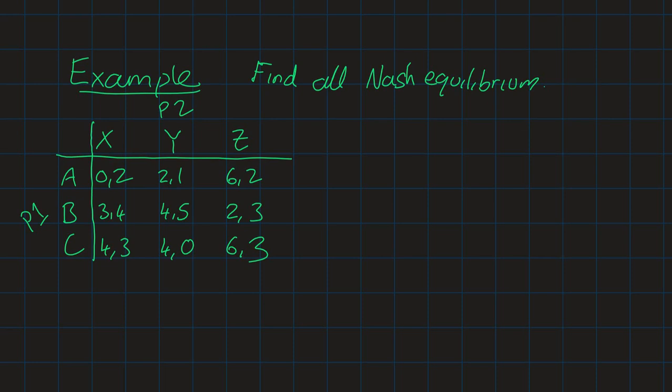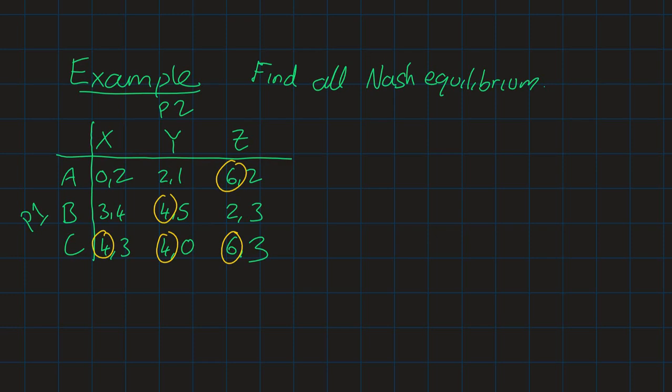So I'm going to look at the first numbers in this column, and I'm going to circle the maximum, which is 4. Now I look at the first numbers in this column, I circle the maximum, which is 4, and it appears twice. So I circle it twice. And now I look at the first numbers in the Z column. I circle the maximum, which is the 6s. Now I look at the rows, and I look at the second numbers.